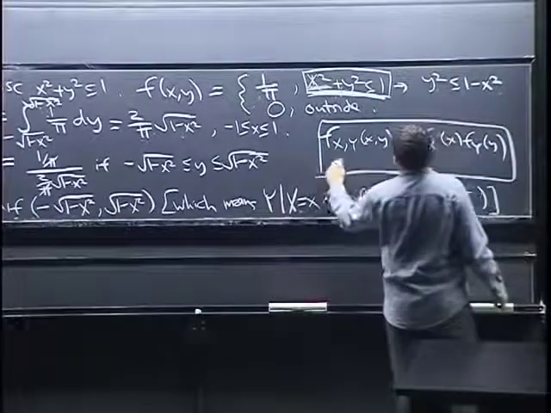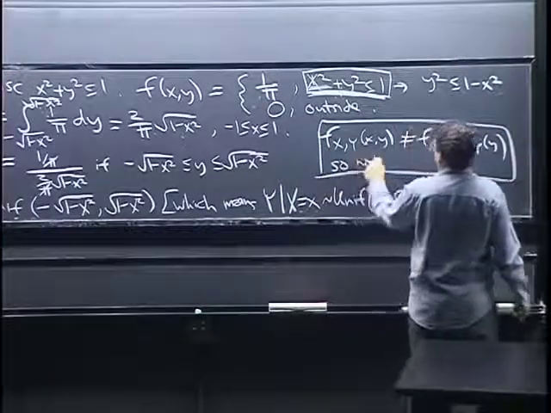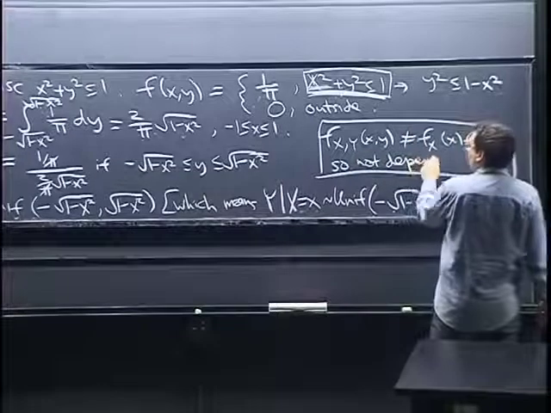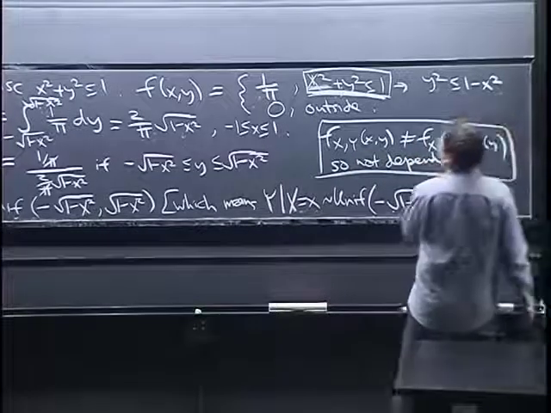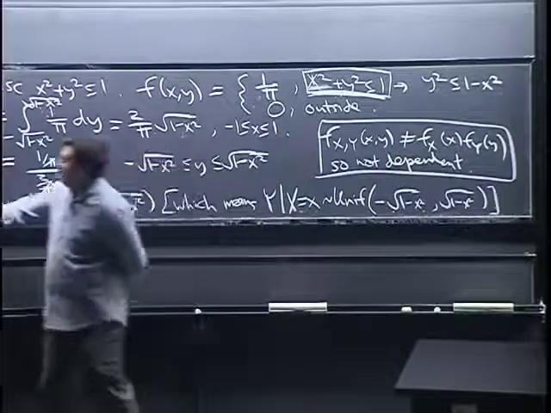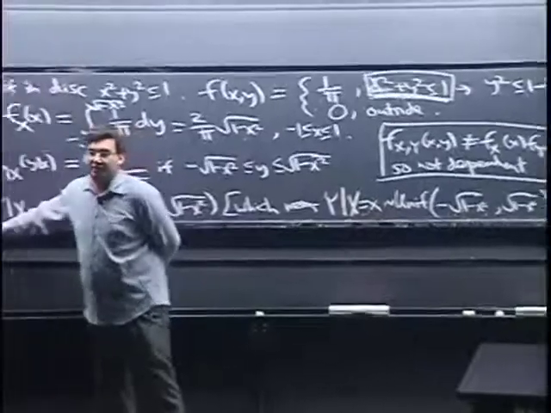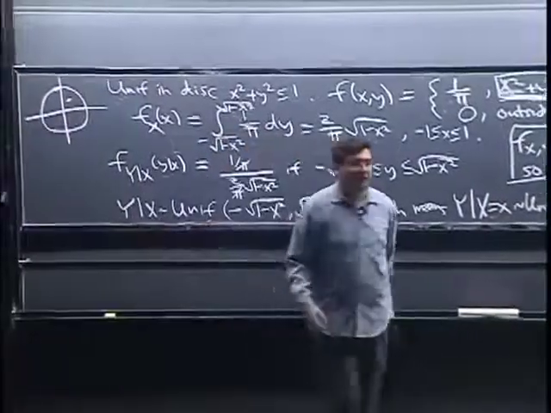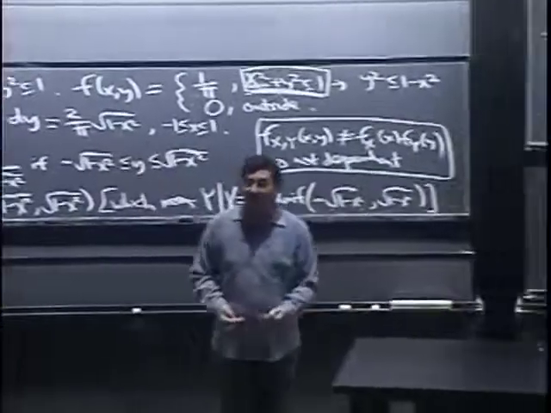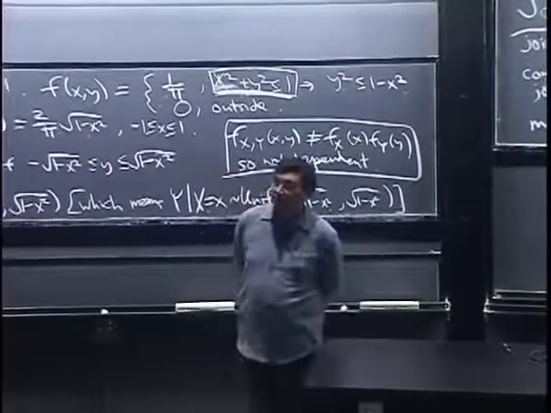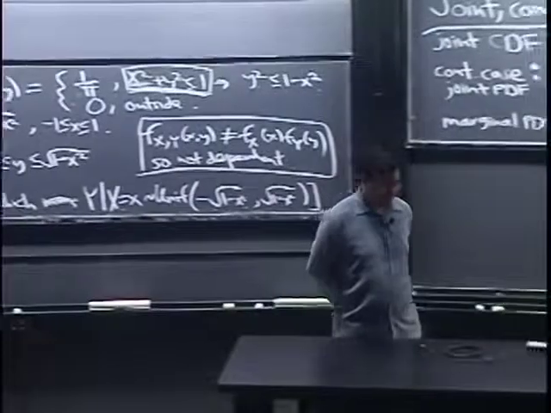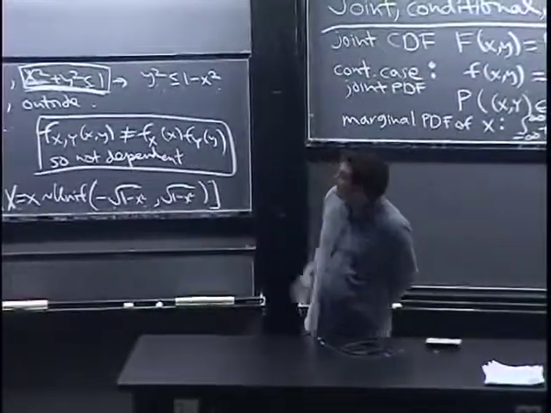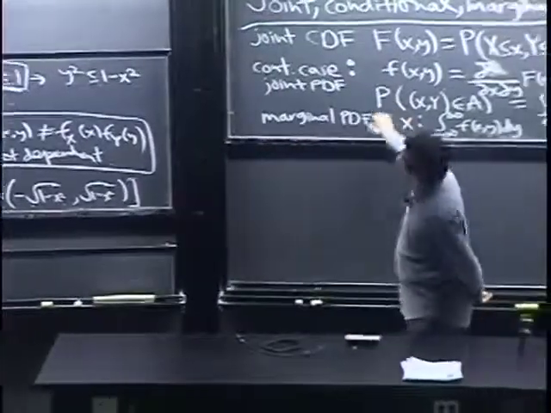So they're not independent. Another way to say that they're not independent is that the conditional distribution of y given x is not the same thing as the unconditional distribution of y. That is, learning x gives us information. Okay, so those are these basic concepts: joint, conditional, marginal.